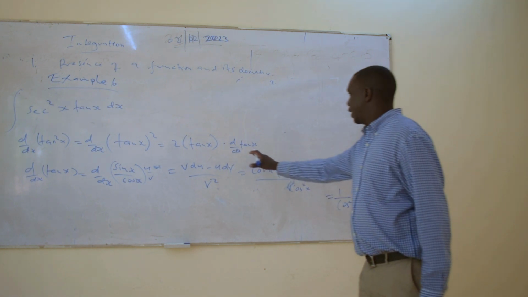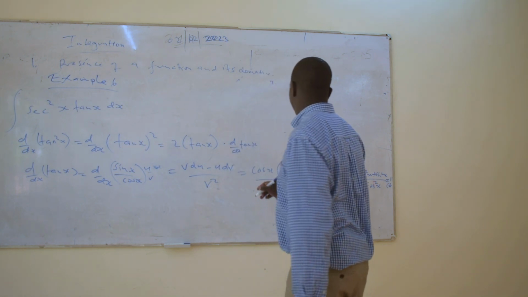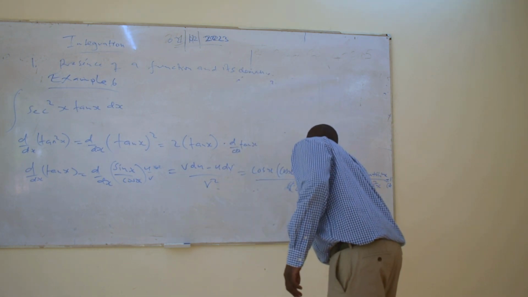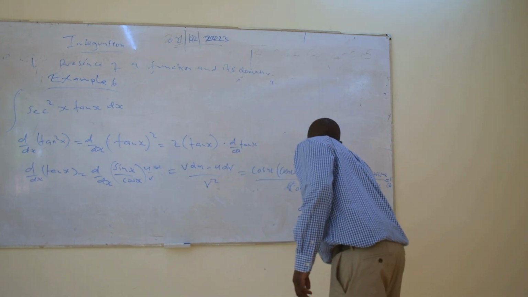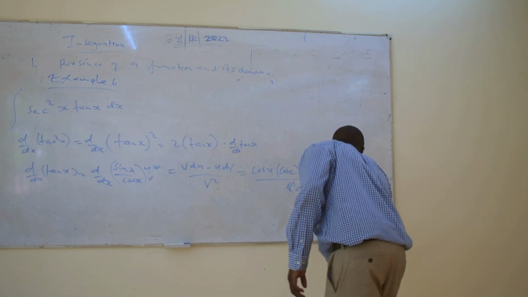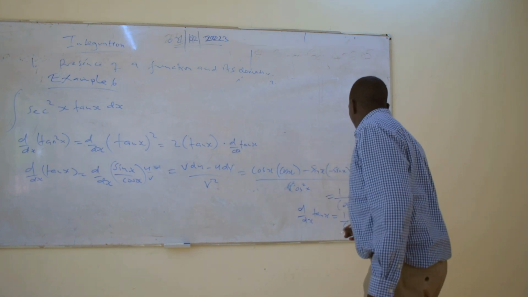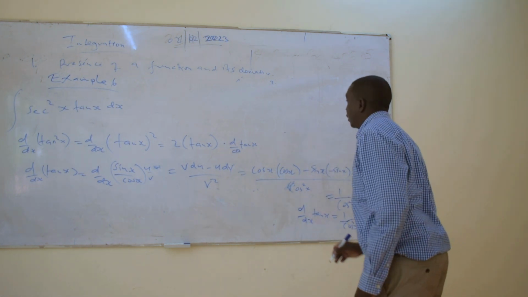So the derivative of tan x is 1 over cos squared x.